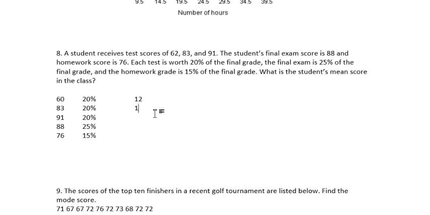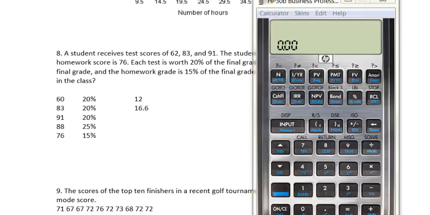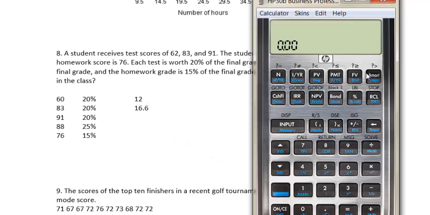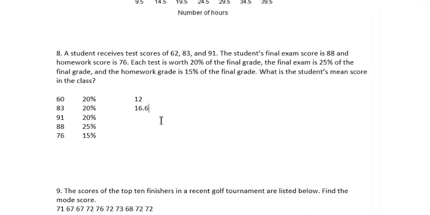By the way, if you can't figure this out in your head, you can simply do it on a calculator. Let me open up a calculator as a matter of fact. Here's the calculator. Okay, 91 times 0.2, which is 20%, gives you 18.2.